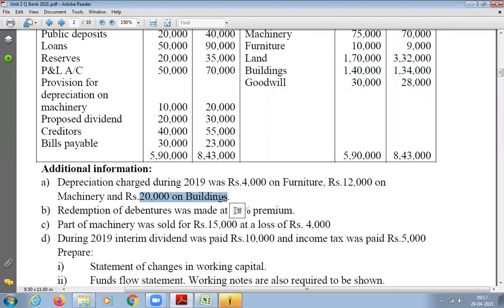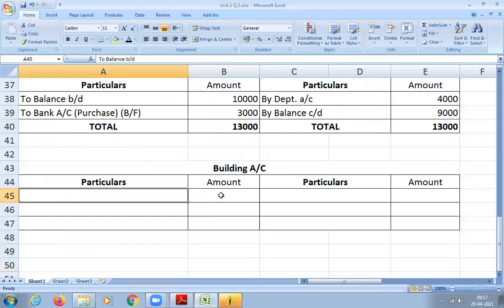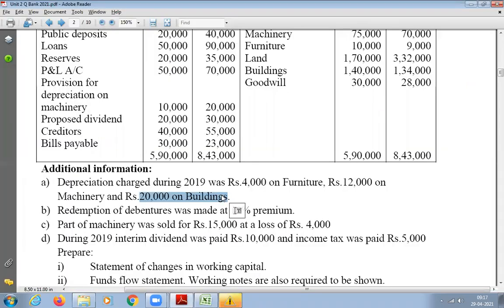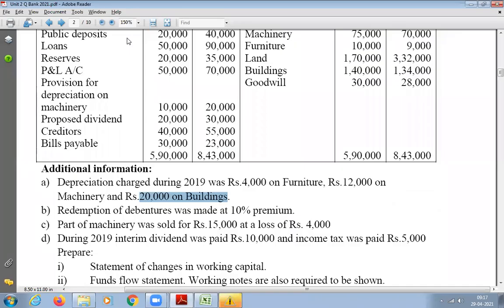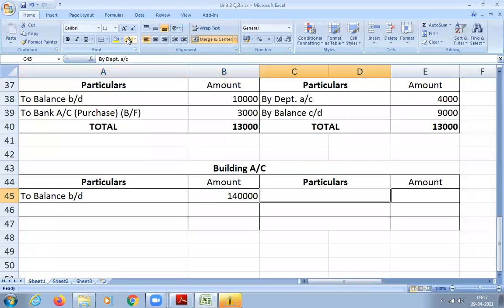If 20,000 depreciation is given, the building value should reduce by more than that, but it is showing only 6,000 difference. That means there is some hidden transaction. So let us prepare the building account. Opening balance is 1,40,000. Then depreciation is given, 20,000. So write down depreciation 20,000.